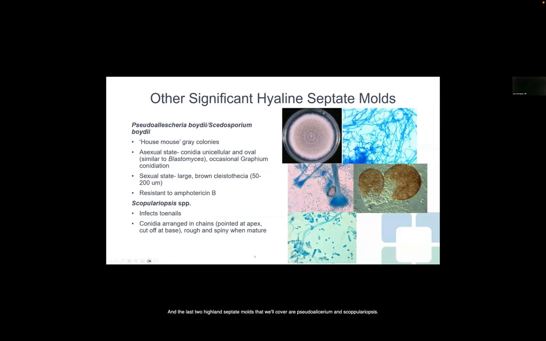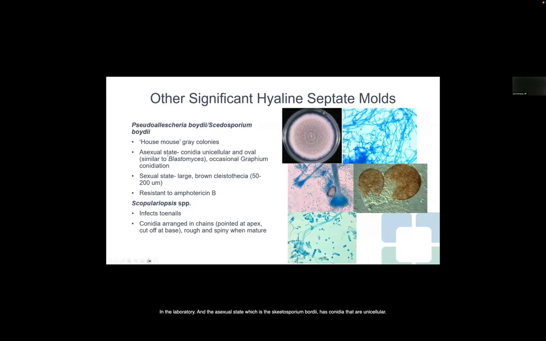And the last two hyaline septate molds that we'll cover are Pseudallescheria and Scopulariopsis. So Pseudallescheria boydii has two different names depending on the sexual or asexual state, respectively. It will grow as a very characteristic house mouse gray color in the laboratory.